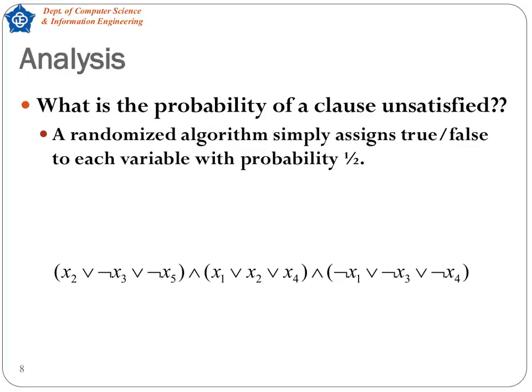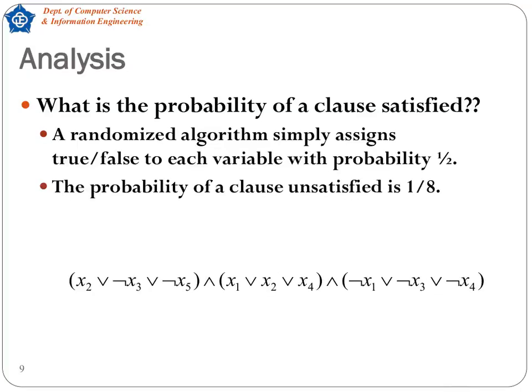So, how exactly do we determine the probability that such a clause, or even this entire expression, becomes unsatisfied under our totally randomized assignment? Let's figure it out.